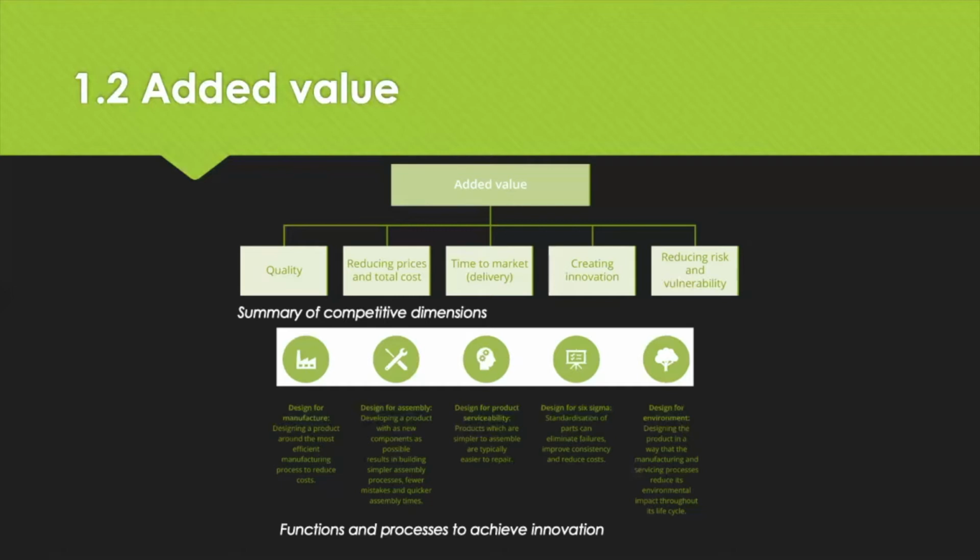And added value can be created at several supply chain tiers and at various stages in the product development lifecycle. There is a range of design functions that can increase competitive advantage, including design for manufacture, assembly, product serviceability, Six Sigma, and the environment.